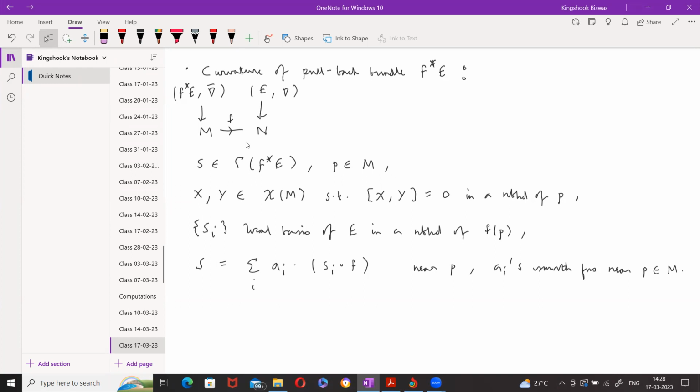So to compute curvature, I have to compute two covariant derivatives, nabla_Y nabla_X of S minus nabla_X nabla_Y of S. So let's compute.